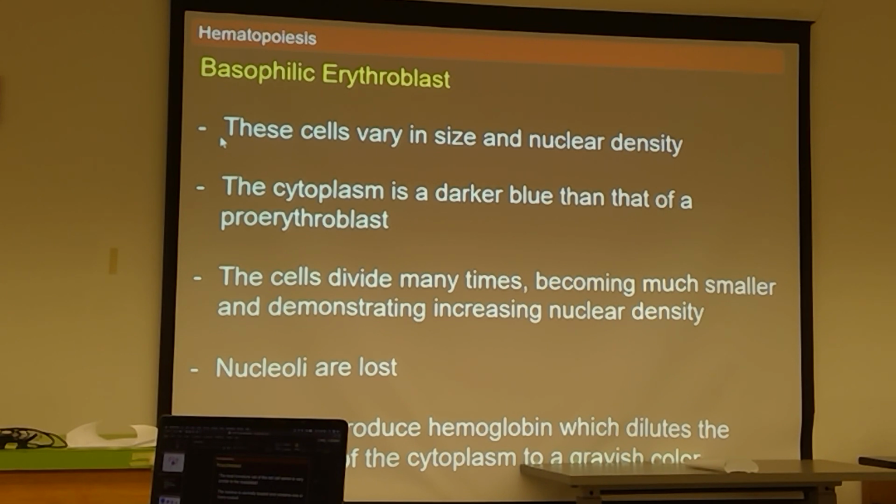This one, what you're going to look for is a round nucleus, kind of more centered. And the cytoplasm is going to be more of a bluish gray color. And we have lots of ribosomes helping make hemoglobin.